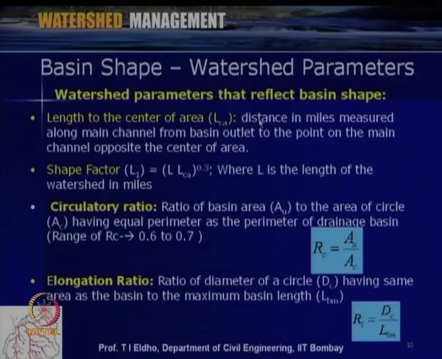That is the distance, in miles or kilometers, measured along the main channel from the basin outlet to the point on the main channel opposite the center of area. This is the definition of length to the center of area of the watershed, and it depicts one parameter as far as the basin shape is concerned.